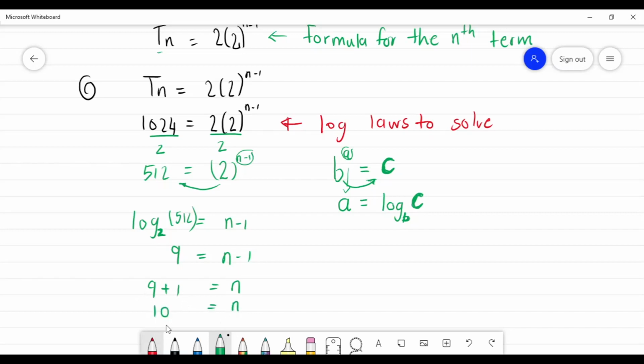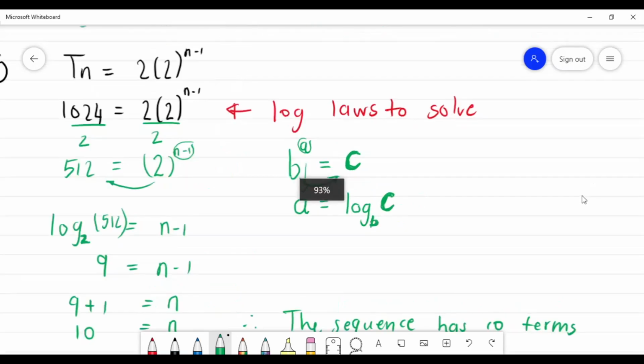So therefore the sequence has 10 terms. Okay, so the sequence has 10 terms.